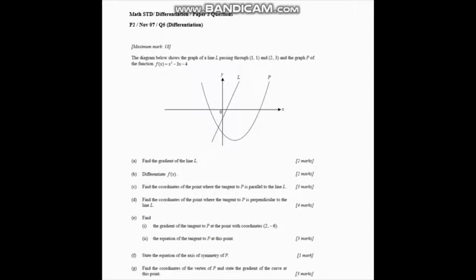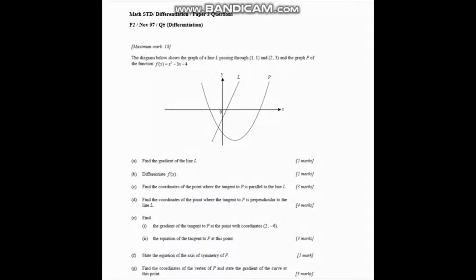In question E, I am required to find the gradient of the tangent to P at the point with coordinates 2, negative 6. So to find the gradient of the tangent, I simply get f dash of x and I substitute x with the given value, which is 2.